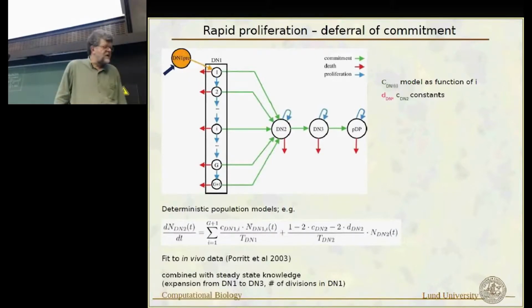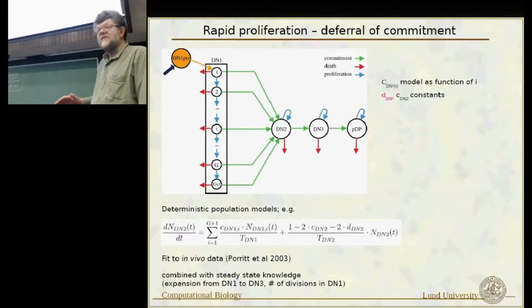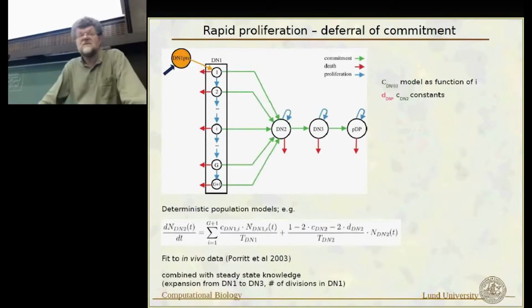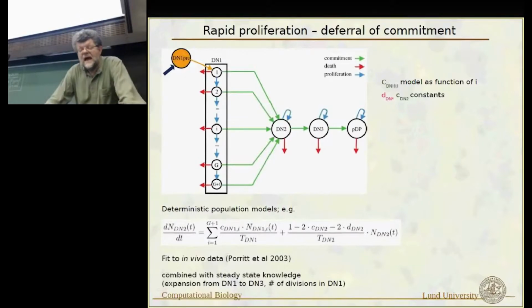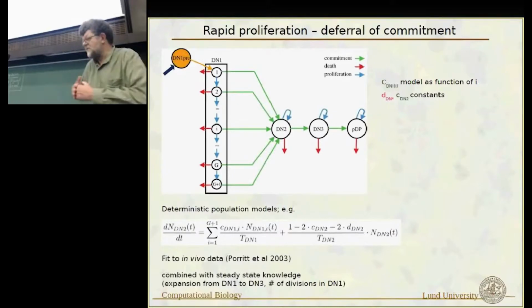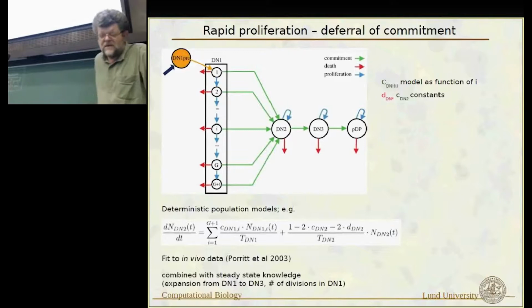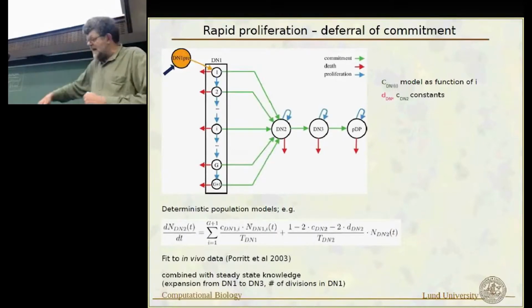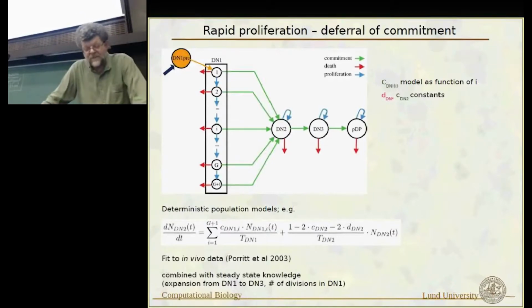So what we want to do here is just take the simplest model, and everyone has written down, we have seen a few compartment models already, I guess in Dr. Höfer's talk. So basically I want to see how the rate of change for the DN2 compartment depends on different ways that I can partition between commitment, which is green, and proliferation, which is blue.